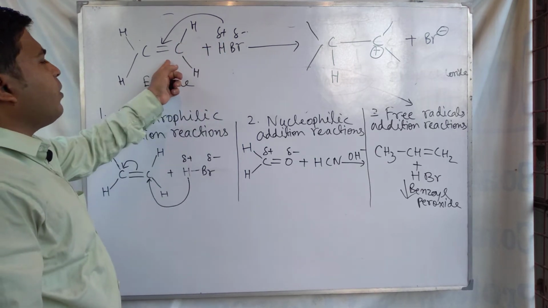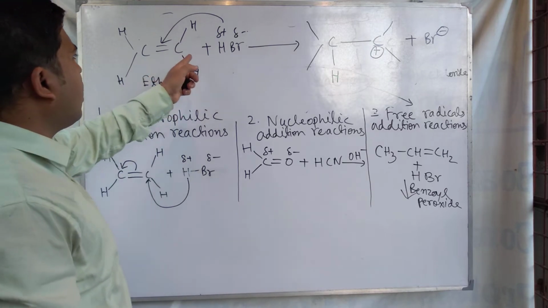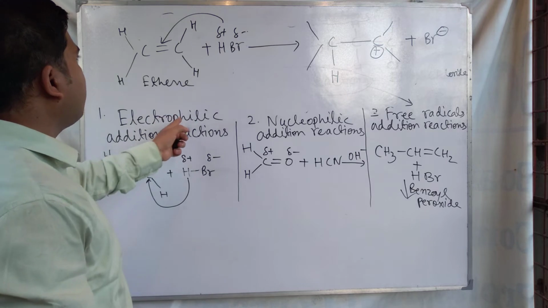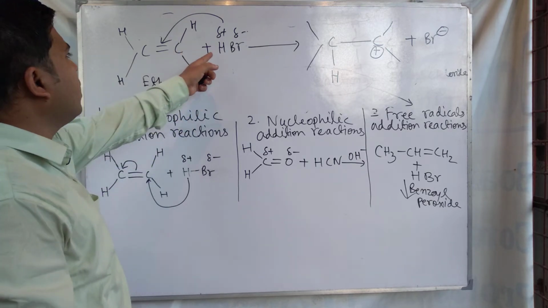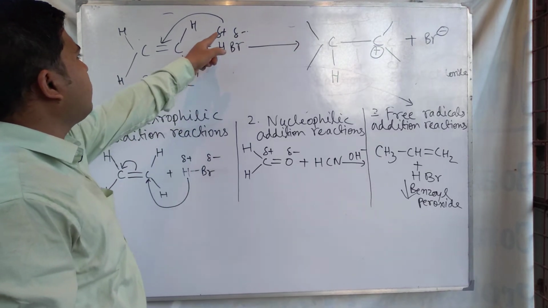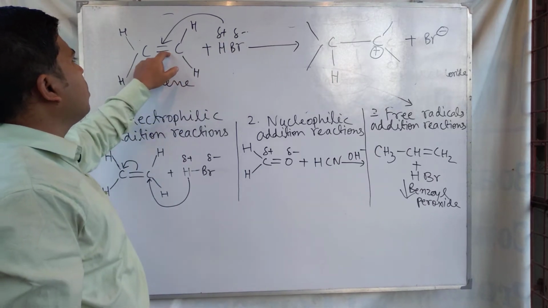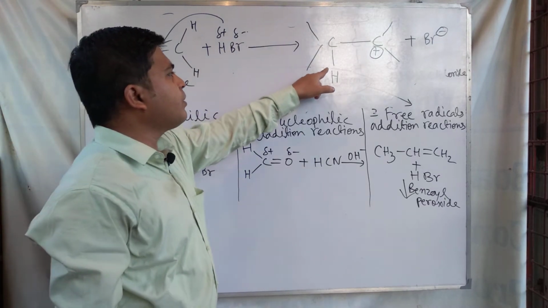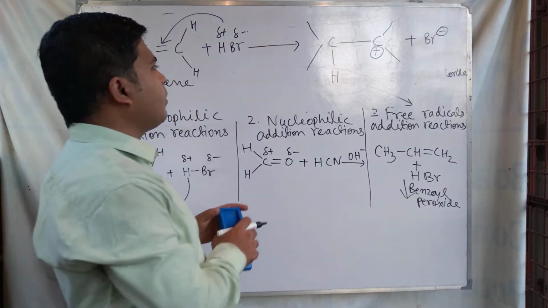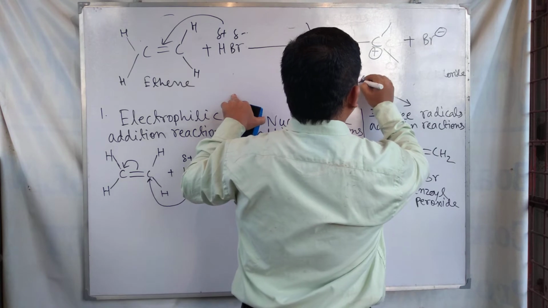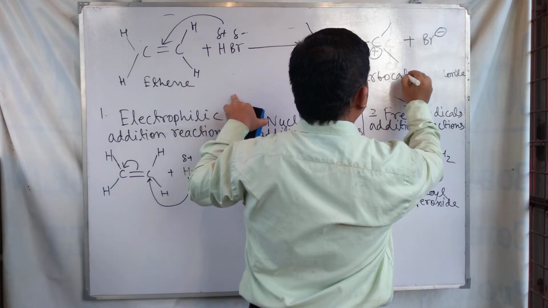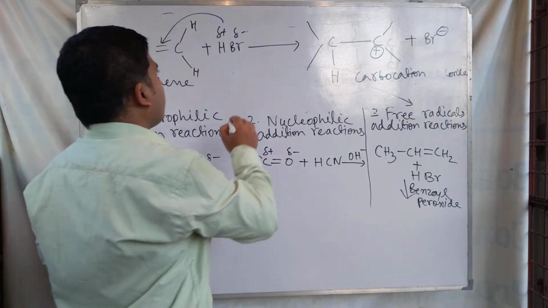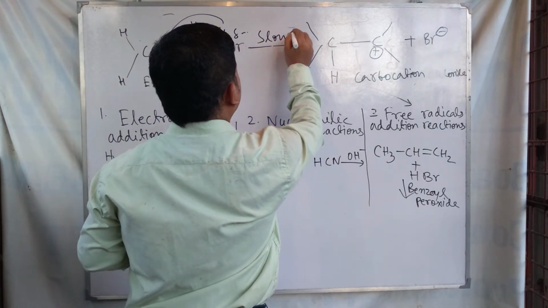H plus is forming a carbocation. Initially in this reaction the electrophile is added to the alkene. The electrophile is H plus, and H plus is added to the alkene double bond first and a carbocation is formed. This carbocation is formed, and this step is a slow step.